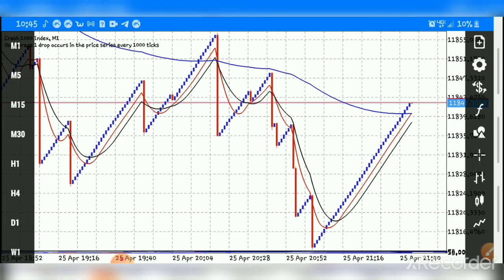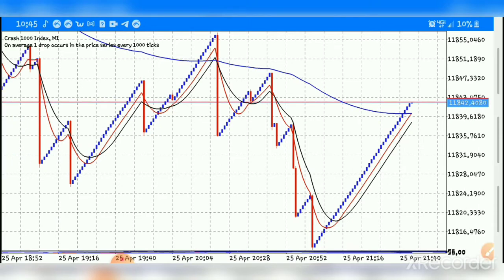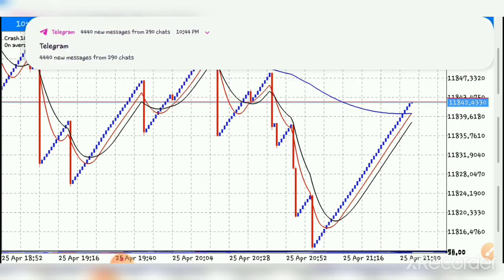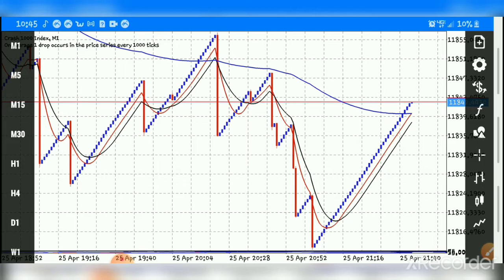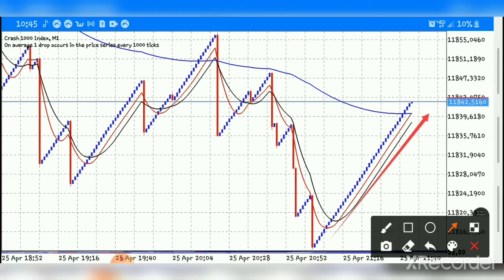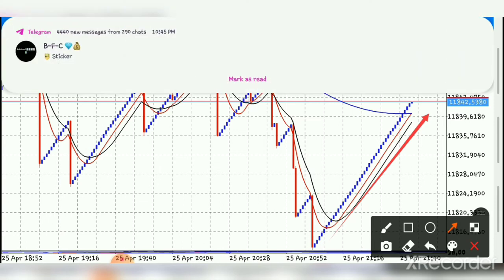So if you are trading crash 1000, you must be aware of all these spikes, so that the spike will not catch you. Because for example, if you enter a trade somewhere around here, see here, you're already in some profit.